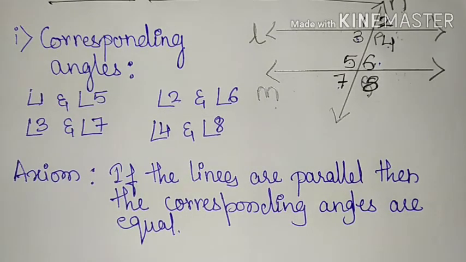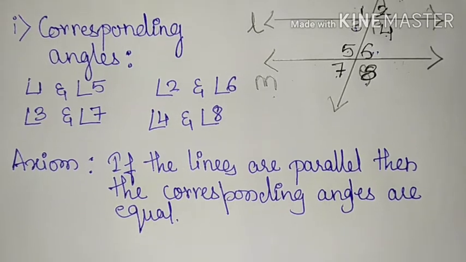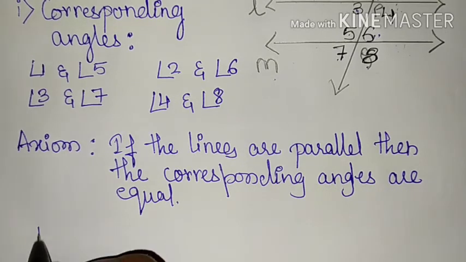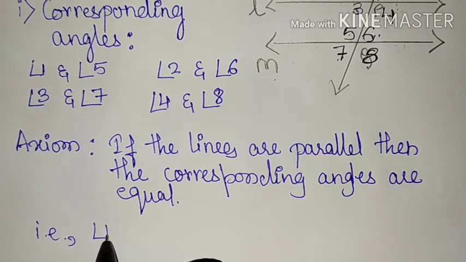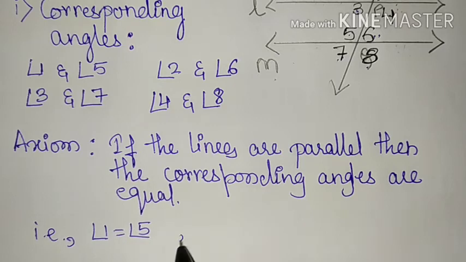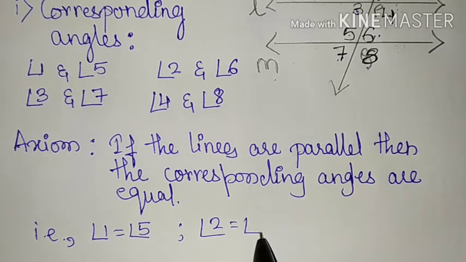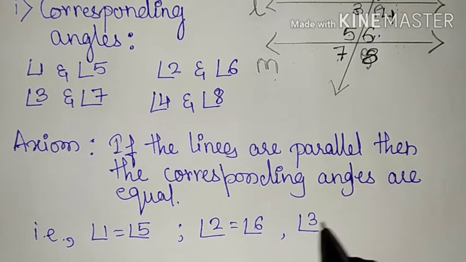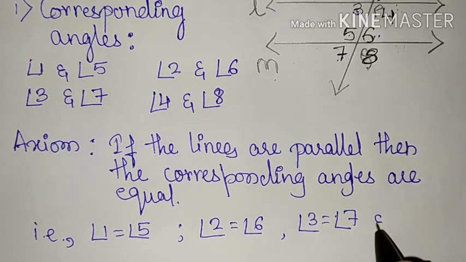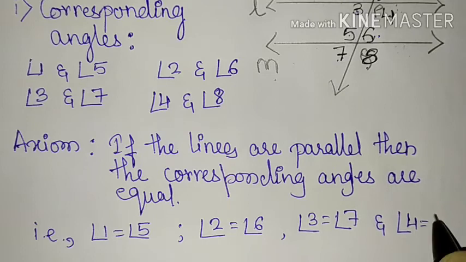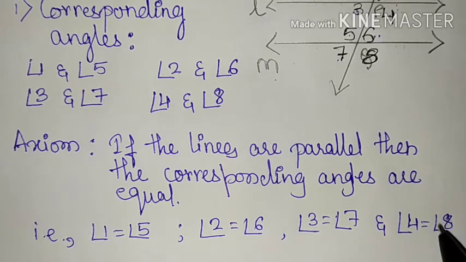If any two or more given lines are parallel to each other, then the corresponding angles are equal. That is, from this figure we get angle 1 is equal to angle 5, angle 2 is equal to angle 6, angle 3 is equal to angle 7, and lastly angle 4 is equal to angle 8, because all of these angles are corresponding angles and they are equal when the lines are parallel.